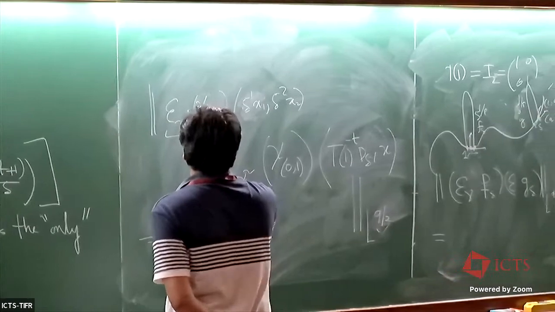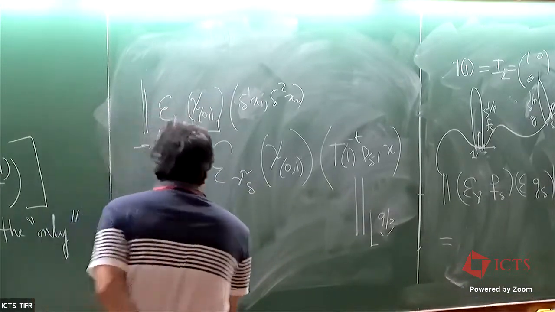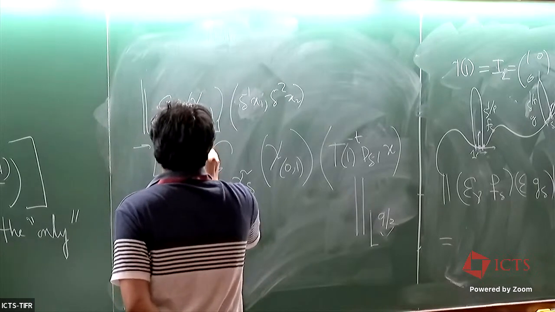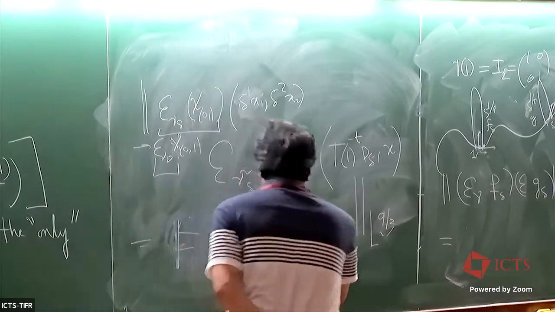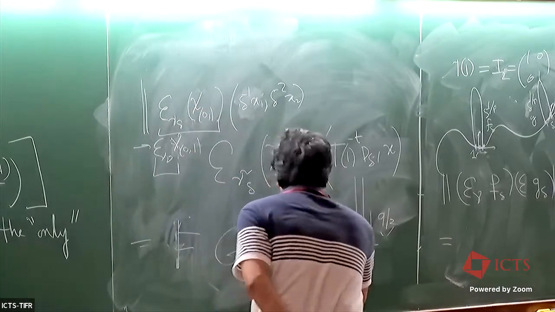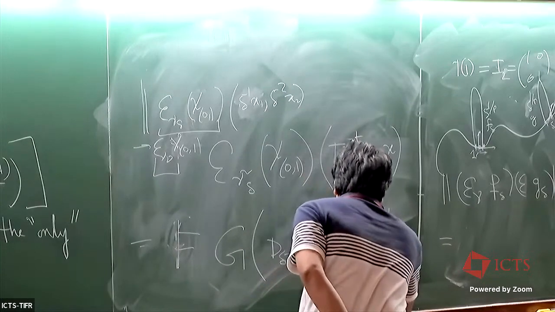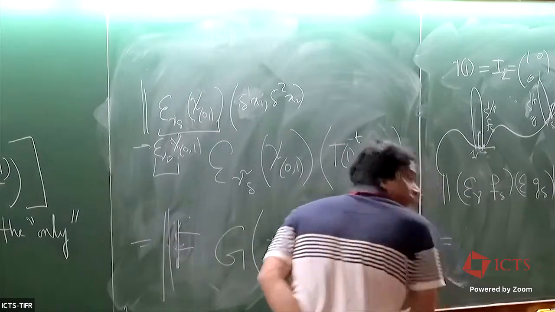Let us call this function f. So this converges to the extension of gamma 0, right? So let me call this f as a function of 0, 1. F times g applied to d delta inverse T1 transpose, so T inverse transpose d delta x, in L^Q over 2, right?